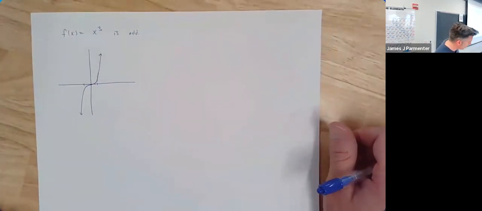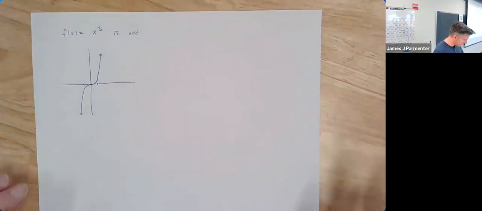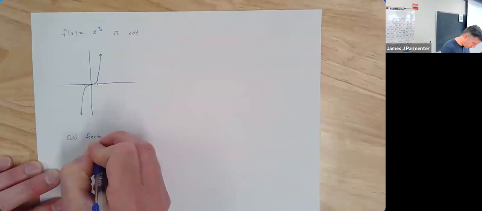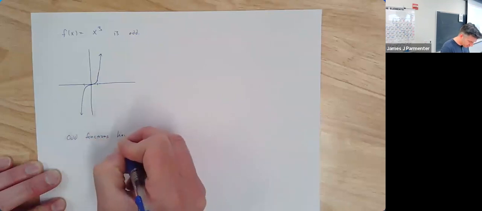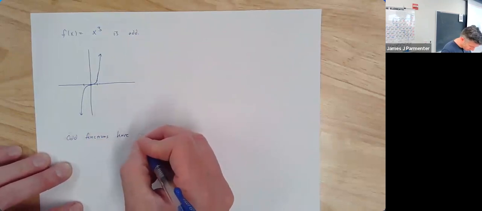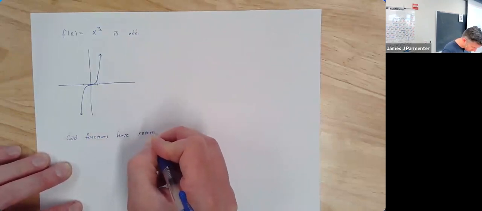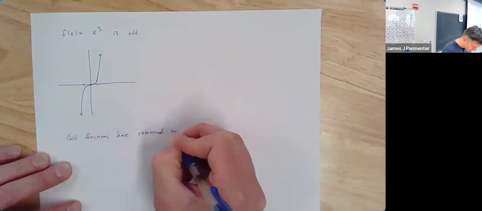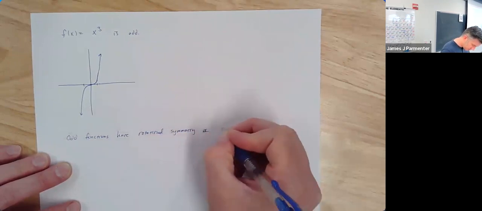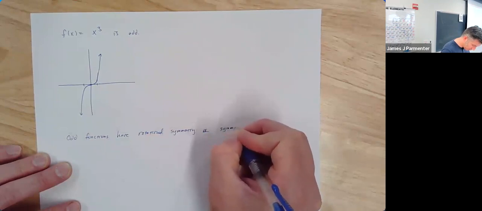So what we like to say about odd functions is there are two ways of naming it. You can either say it has rotational symmetry, or more likely, symmetry about the origin.